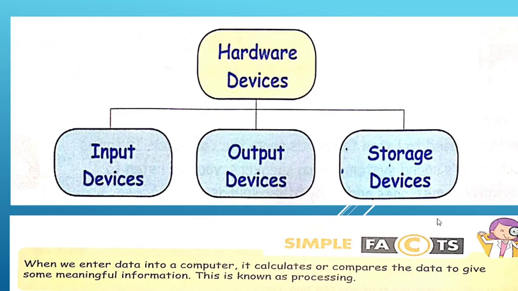But that information can be saved for future reference to a storage device like a hard disk, CD drive, DVD or pen drive. I think you might have heard these device names, isn't it so?